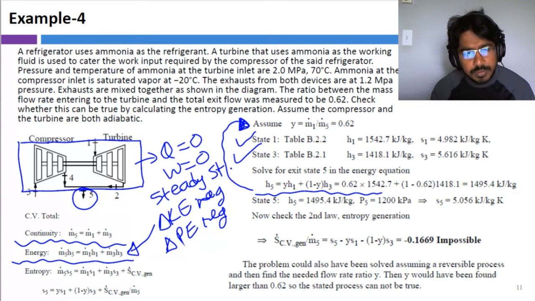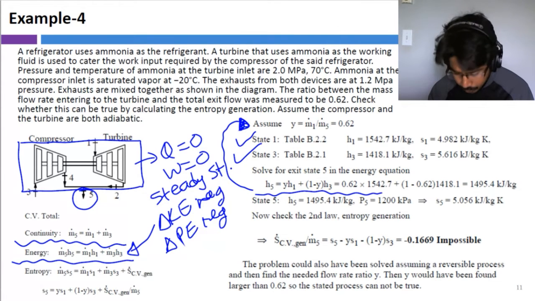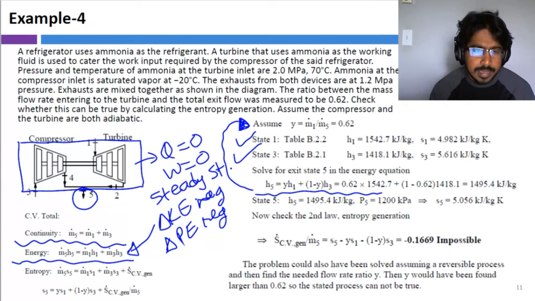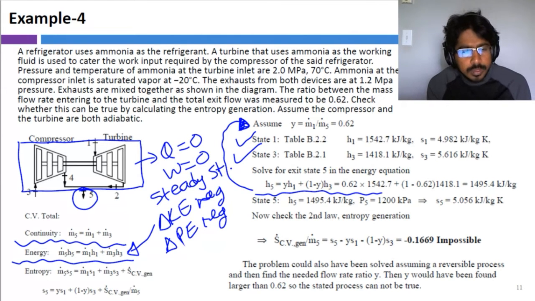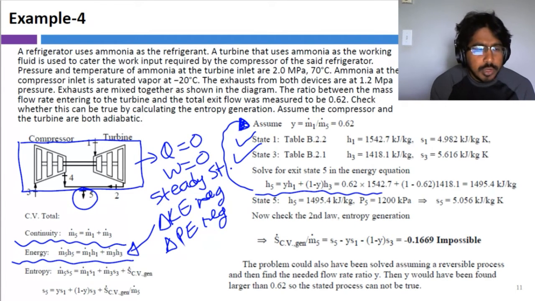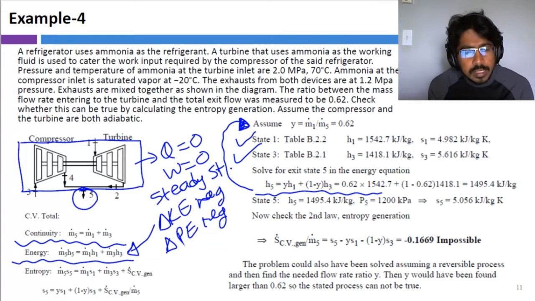We define the ratio between m1 and m5 to be 0.62, and we call it y, right? It's important to note, if 0.62 or 62% of the mass going through the outlet is contributed by the turbine inlet, the remainder should be contributed by the compressor inlet, because then there are only two mass inflows.